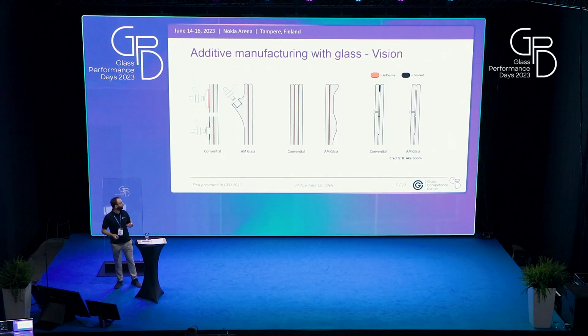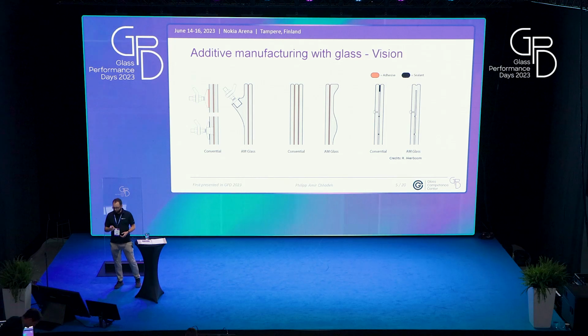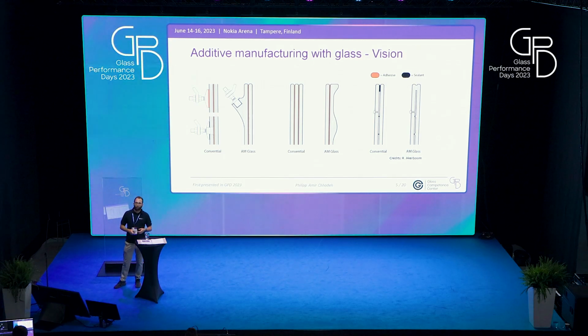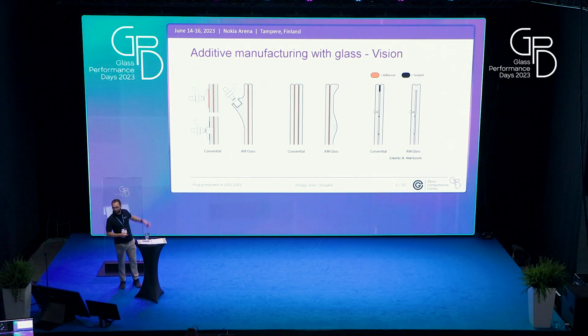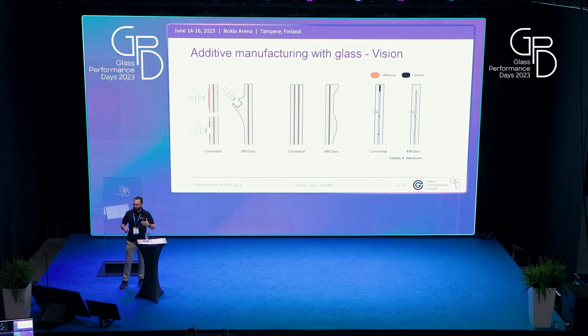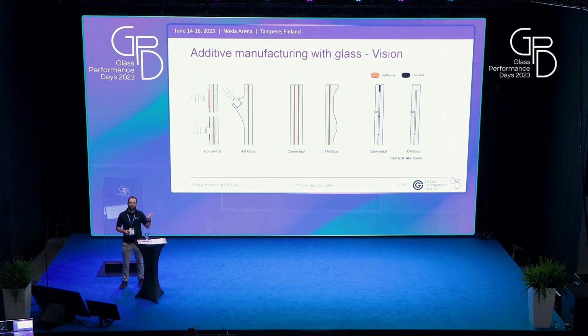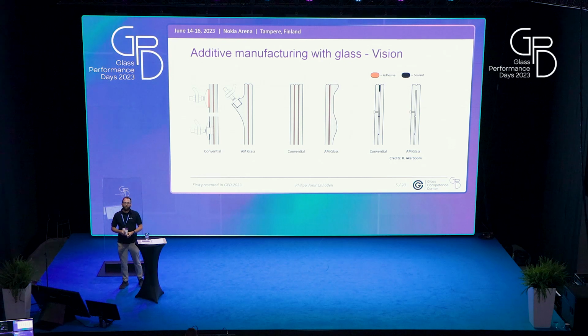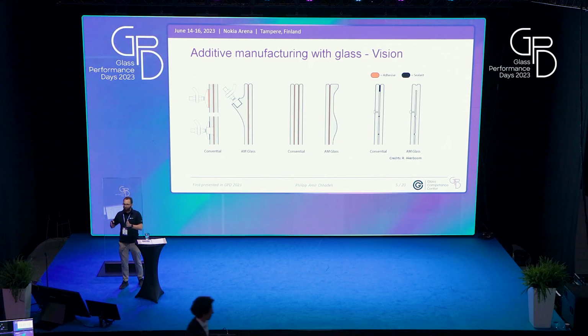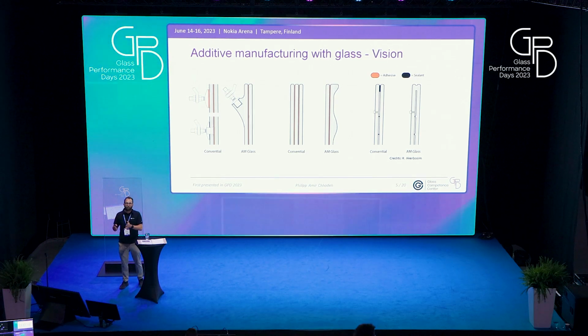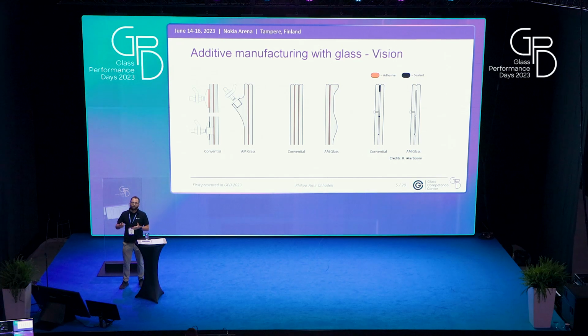So this leads me to the vision we have for the future. On the left side, you can always see the conventional object. For example, the point fixations, where you have boreholes or glued connections with silicon. We have thick laminates, and from other projects we always need multiple slabs of glass, but with additive manufacturing, we could add stiffeners on glass.